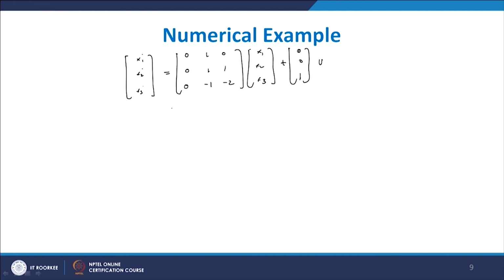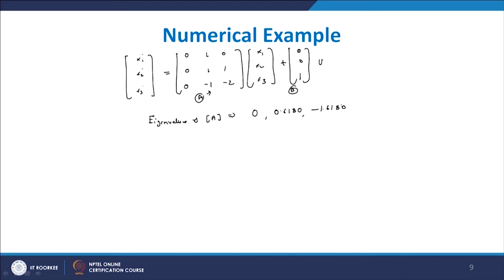Now, this is matrix A, this is matrix B. The eigenvalues of matrix A belong to 0, 0.6180, and minus 1.6180.